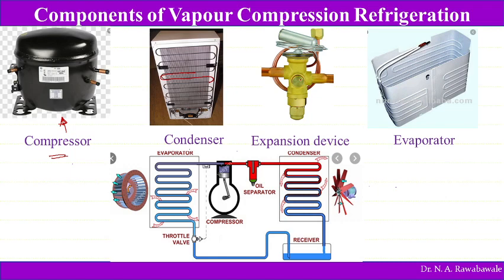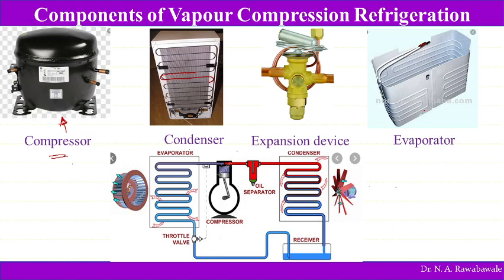Then the third device is the expansion device or throttling valve. Here the refrigerant is expanded and the temperature as well as pressure of the refrigerant is reduced so that it will absorb heat energy. After this expansion device, the refrigerant enters into the evaporator.